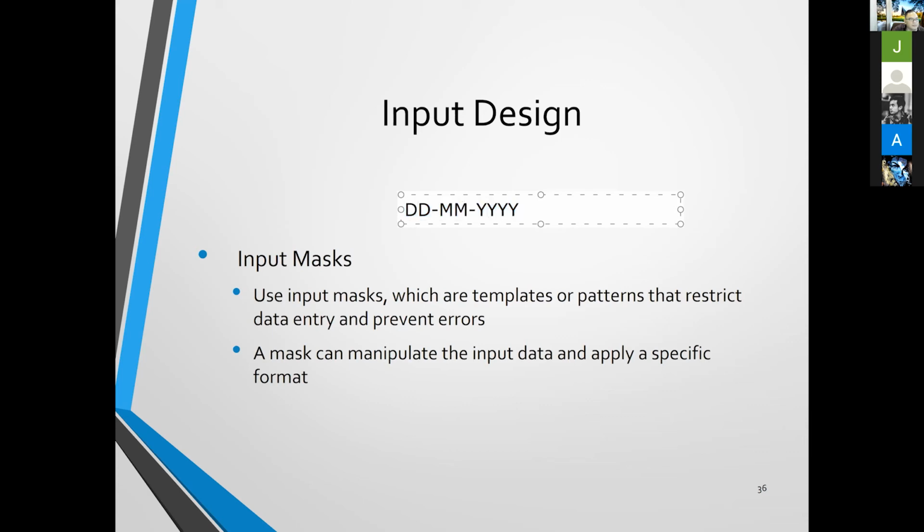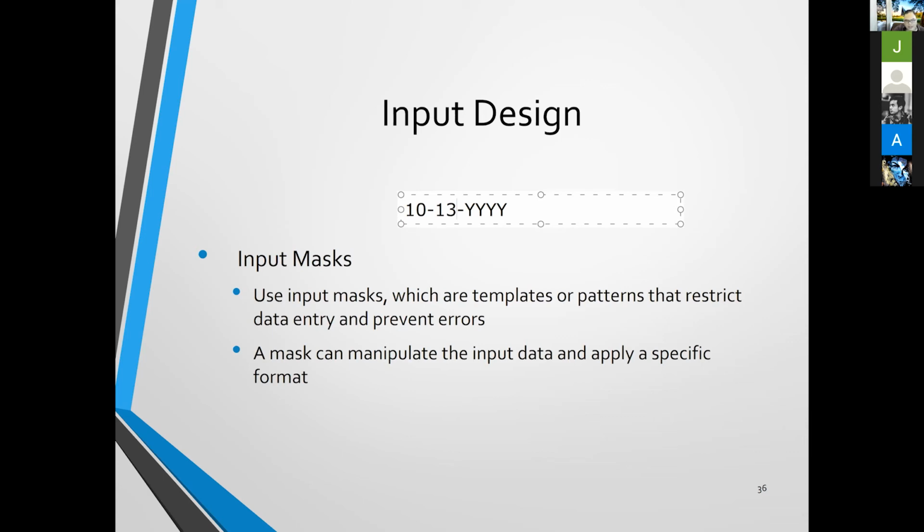For example, the input mask for the date will be like this. You know that this is the format that users have to put, dd-mm-yyyy. It might be in gray color first.